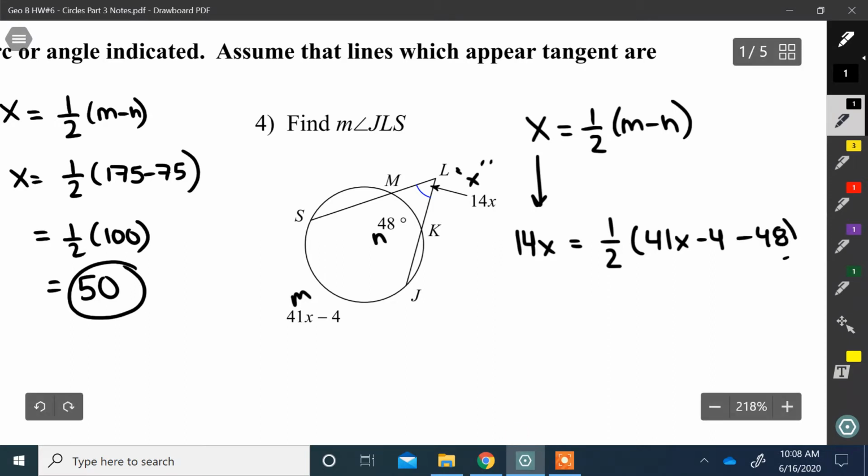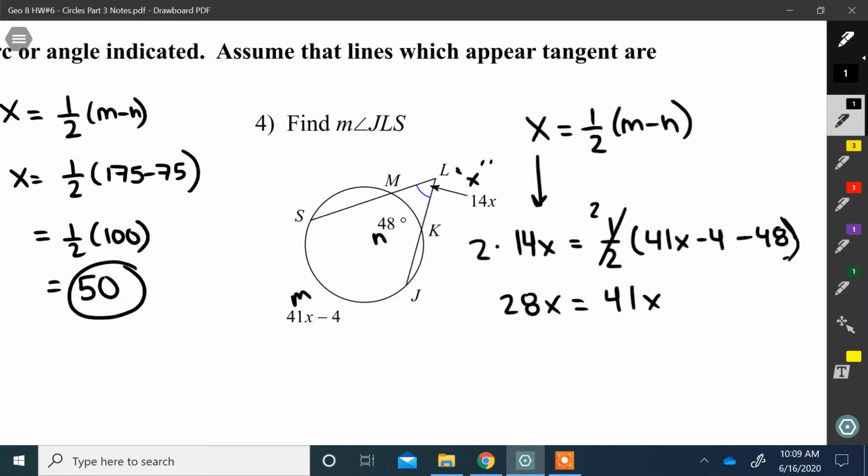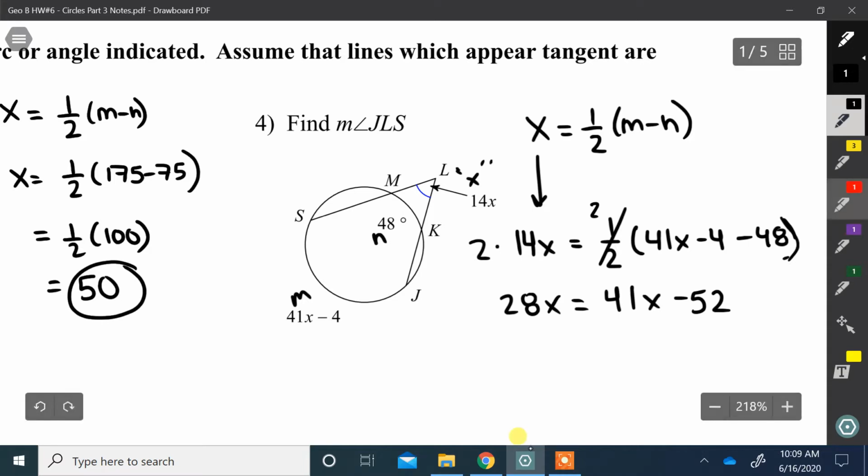I always like to multiply everything by 2 to get rid of that fraction. And I get 28x is equal to 41x, negative 4 plus negative 48 is going to be negative 52. I will let you guys actually finish that problem for me. Remember, be careful on that one, because after you find x, that's not the answer.